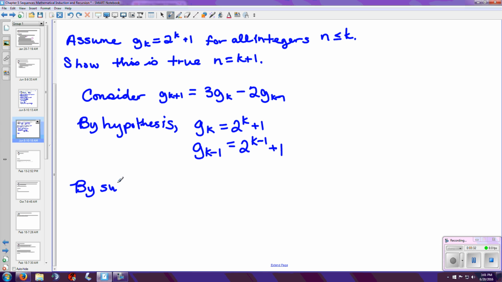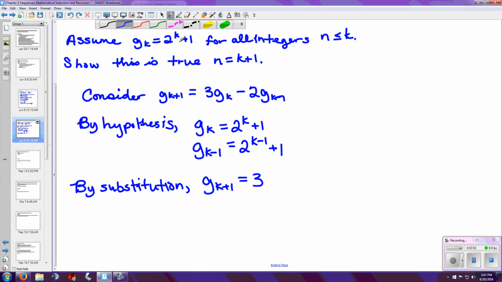So by substitution, we know that g sub k plus 1 equals 3 g sub k, and we said that g sub k is 2 to the k plus 1, so let's plug in. So it's 3 times 2 to the k plus 1, minus 2 times, plug in the next component, g sub k minus 1 is 2 to the k minus 1 plus 1.